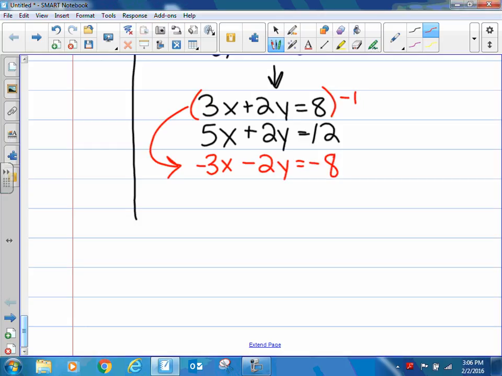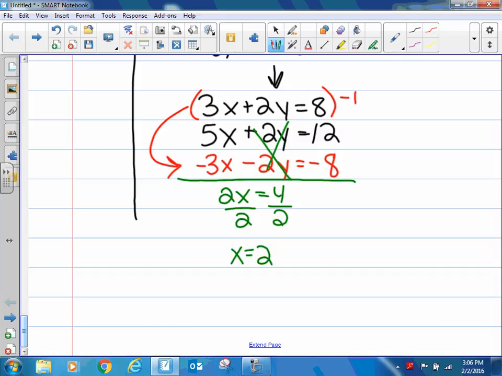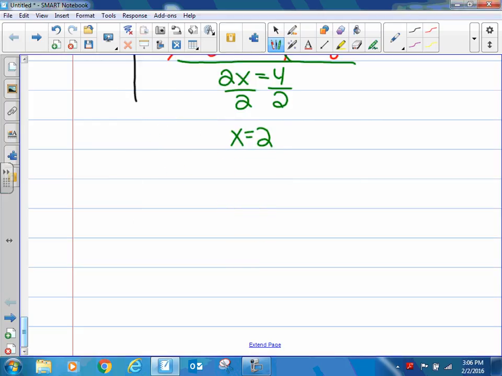So now if I eliminate my 2's, I have 2x equals 4. Divide both sides by 2, x equals 2. So now I can go ahead and pick one of those equations. I'm going to pick the top one. I have 3x plus 2y equals 8.